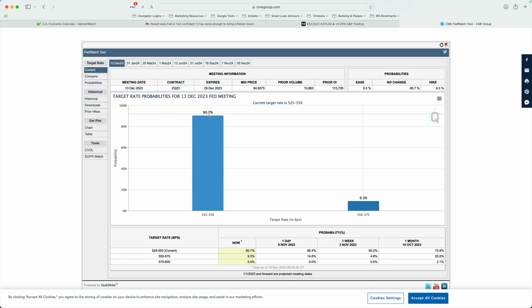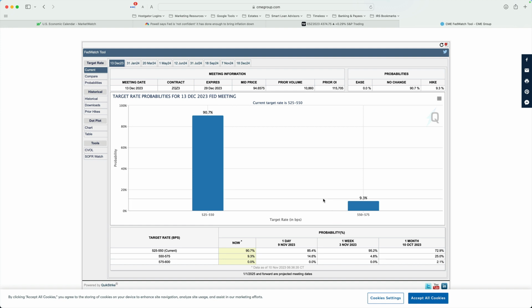The market was 99% certain that it was going to maintain this, but now it's 90% certain, and almost 10% certain, 9.5%, that the Federal Reserve is looking to raise interest rates to 550 to 575, another 25 basis points.